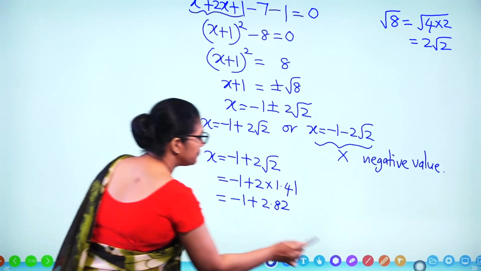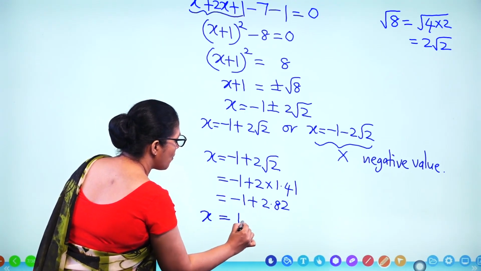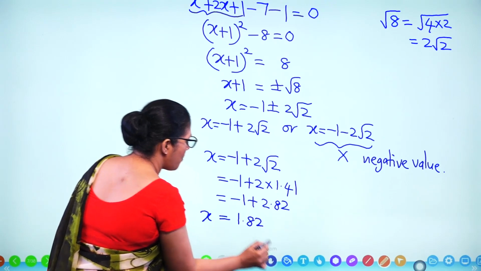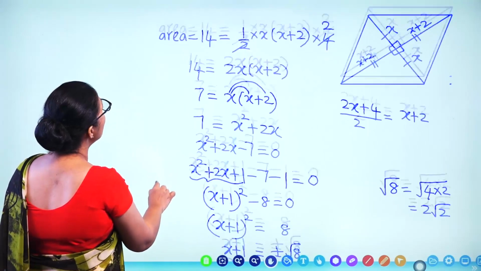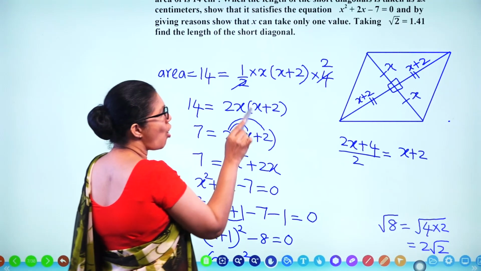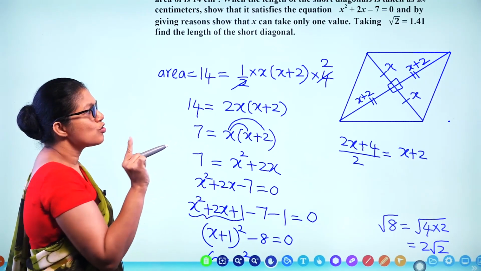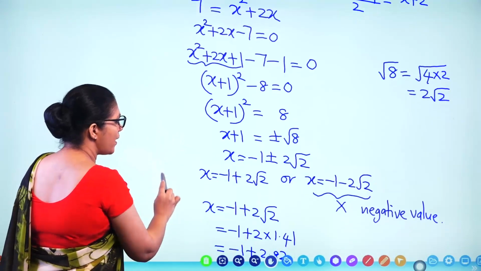X becomes 1.82. But we need the length of the short diagonal. Short diagonal means 2x. So my short diagonal is 2x.